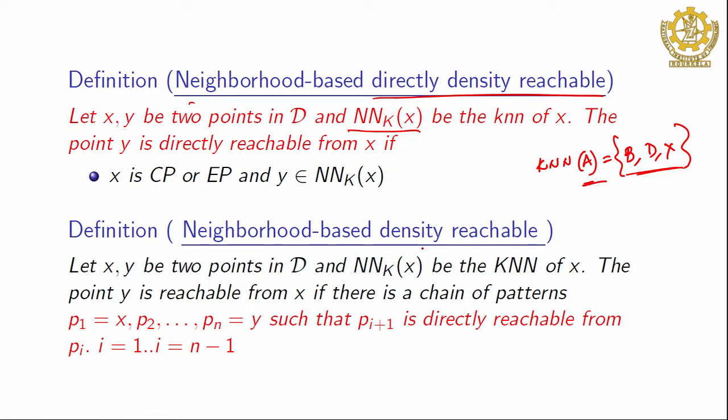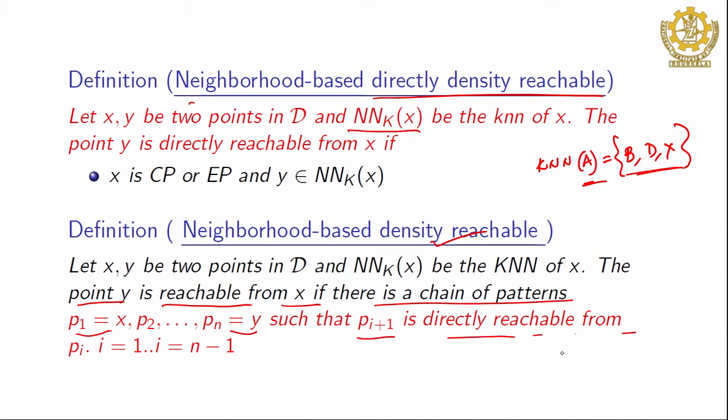Similarly, we studied density reachable. The point y is reachable from x if there is a chain of points, a sequence of points starting from P1 equal to x to the last point y, such that each point is directly density reachable.